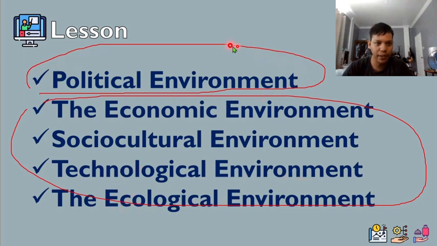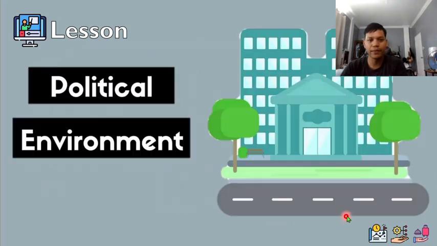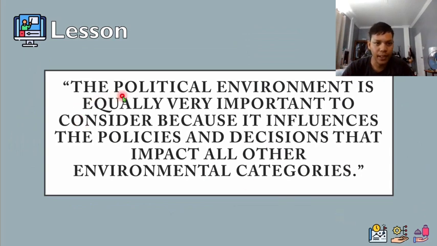So this political environment also affects not just the business firm, but also these four remaining environments. So again, the political environment is equally very important to consider. Why? Because it influences the policies and the decisions that impact all other environmental categories.